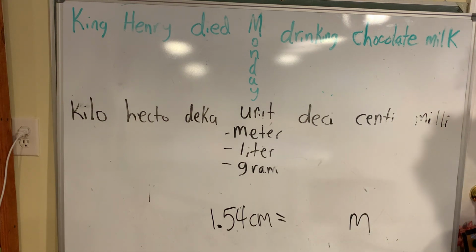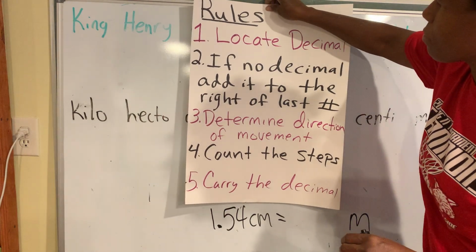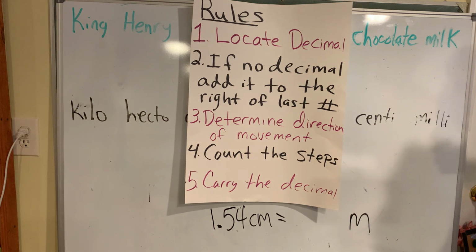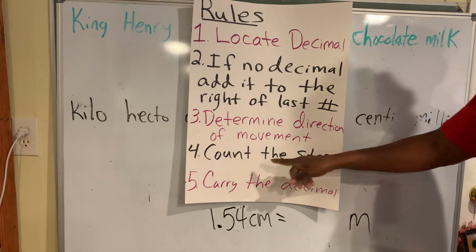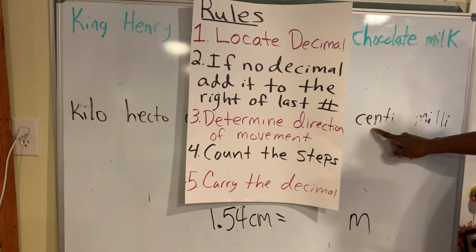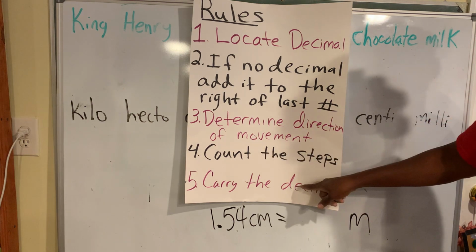I know that because it only has one letter. So I'm going from centimeters to meters. Then it says determine direction of movement, and count the steps and carry the decimal.